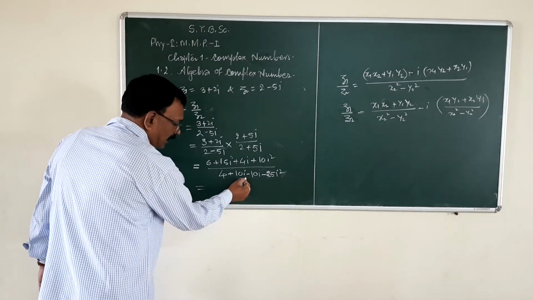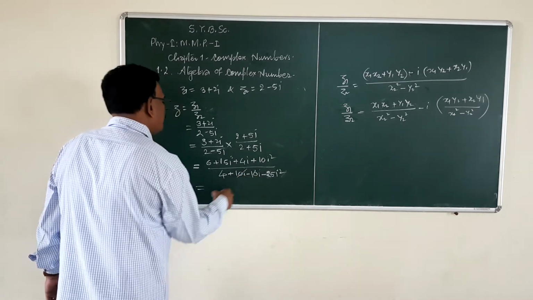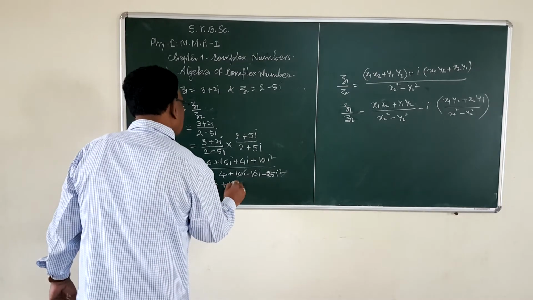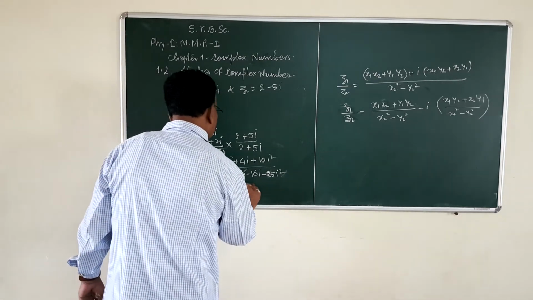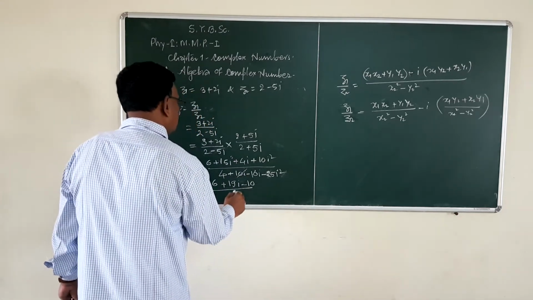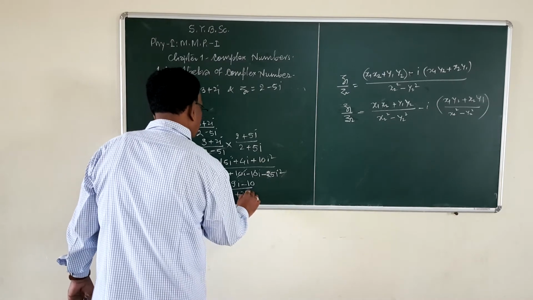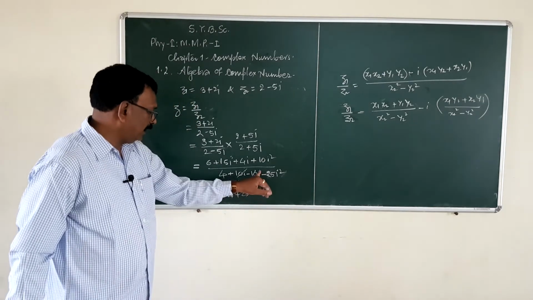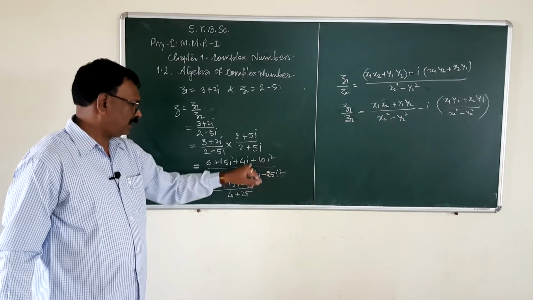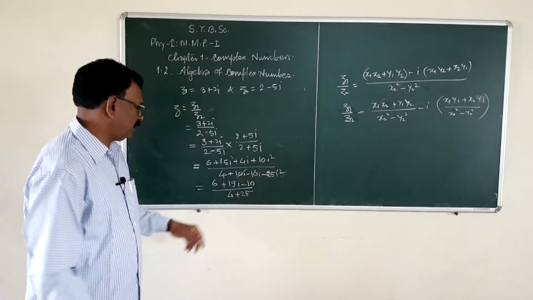These two terms get cancelled with each other because they are equal and opposite. Therefore 6 plus 19i minus 10 upon 4 plus 25. Remember that here also the value of i square is equal to minus 1.